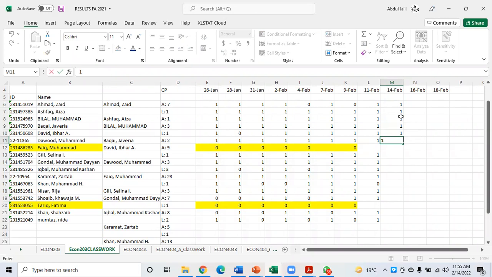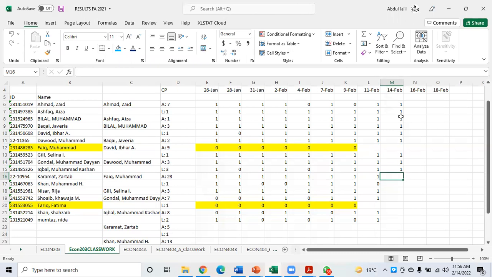Daud, Present, sir. Selina, Present, sir. Mohammad Yan Gondal, Present, sir. Kashan Iqbal, Kashan, I think he was there.